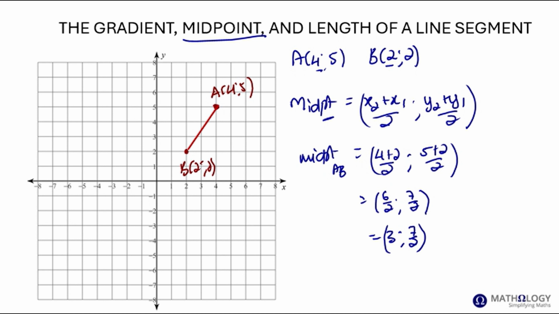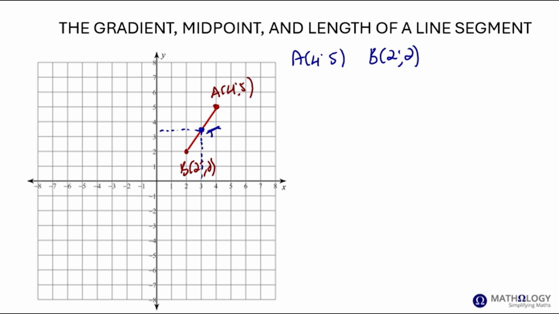Just note we are not going to be expressing or writing any answer as a decimal anymore. Answers are always left as improper fractions where applicable. So the midpoint of this line segment, you can just call that M. Let's call it a different letter. Let's call it T. So T is the point 3, 3.5 or 3, 7 over 2.